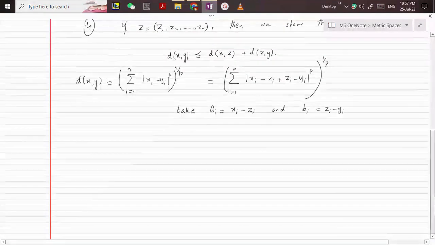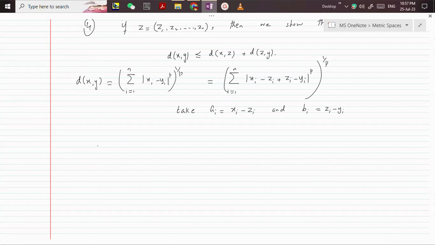Okay, now what we do here, we shall prove that d(x,y) is less than or equal to d(x,z) plus d(z,y). Now we see what will happen.